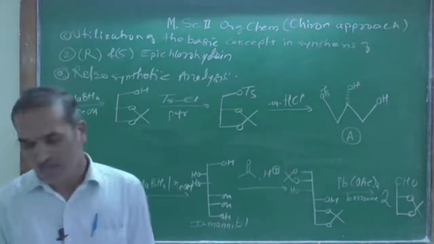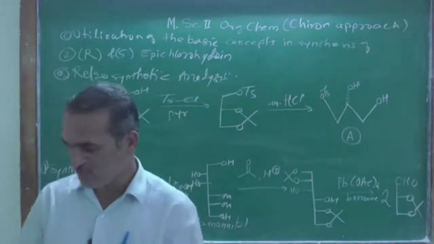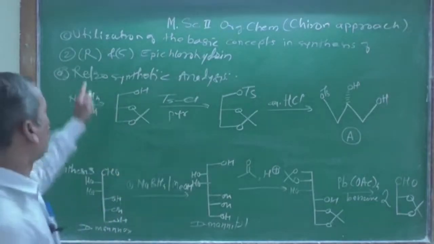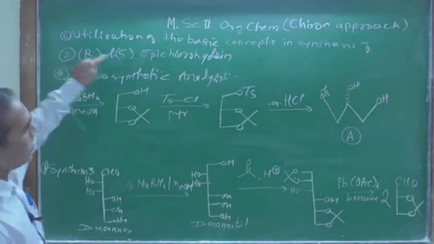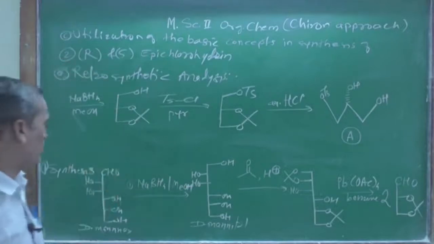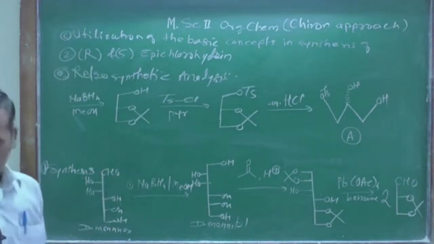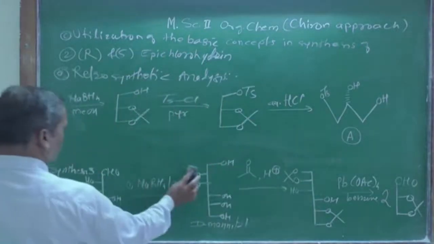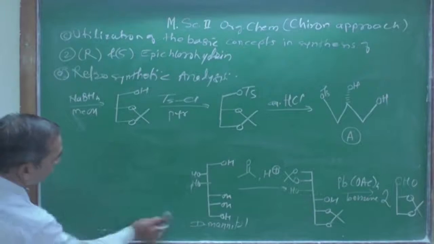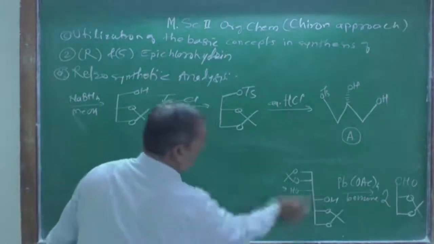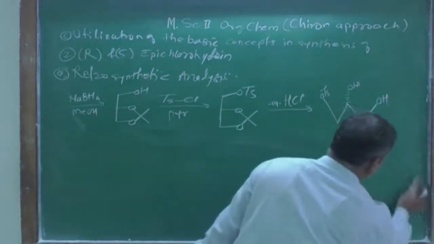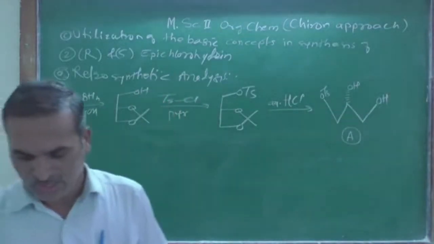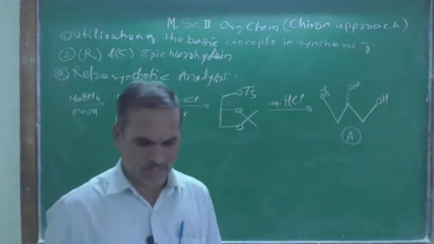This compound A is nothing but a chiron, you can remember this is a chiron. And because we are going to synthesize R and S, up to this you understood. Now let me clean this. Remember, this is what we got, and we are trying to get the compound over there.